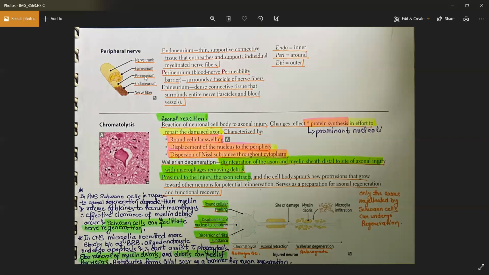The endoneurium is surrounded by the perineurium. Then multiple perineuriums, as you can see, will be surrounded by the epineurium, and that forms the nerve trunks. So an individual nerve fiber is surrounded by the endoneurium. A bunch of these nerve fibers along with the endoneurium is surrounded by the perineurium. Multiple perineuriums are surrounded by the epineurium. Is that okay?